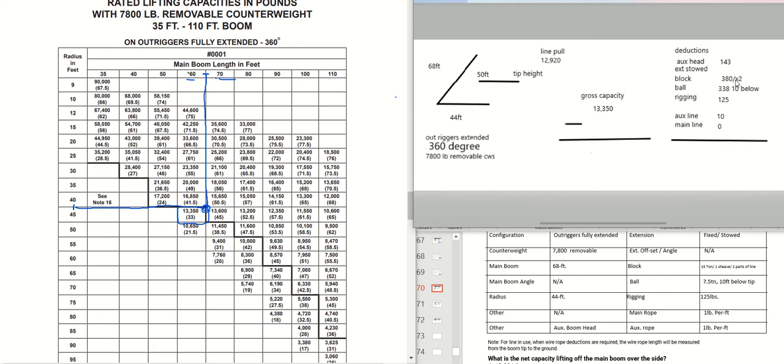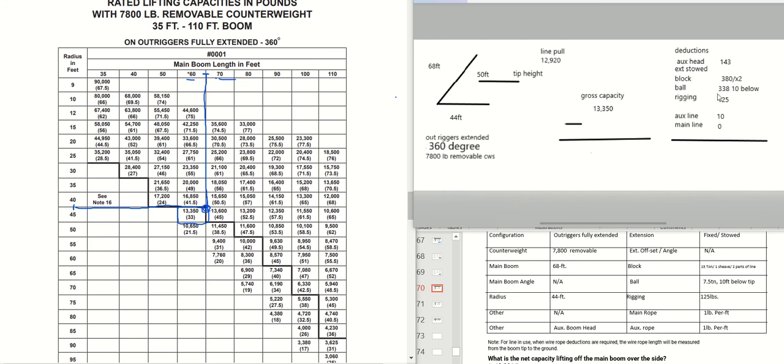So now that we have all our deductions, we'll go through and count them. We have 1, 2, 3, 4, 5, 6. So let's count it here. 1, 2, 3, 4, 5. And notice I forgot one. We were supposed to have 6 deductions here because I forgot our fixed extension.